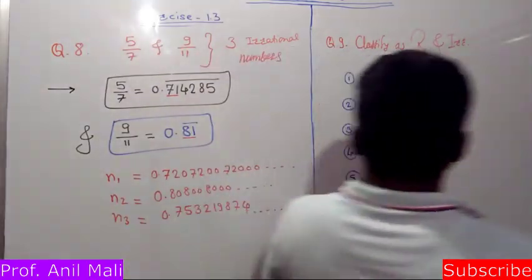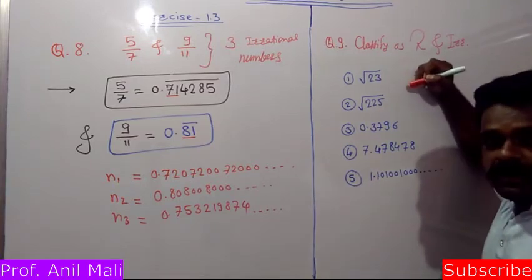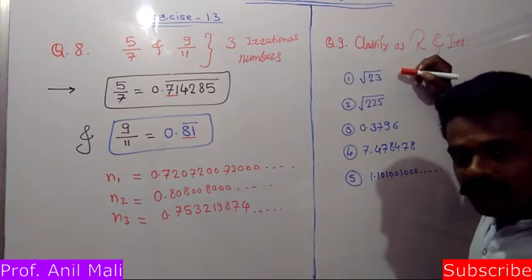So first one is root 23. This is another type of irrational number.